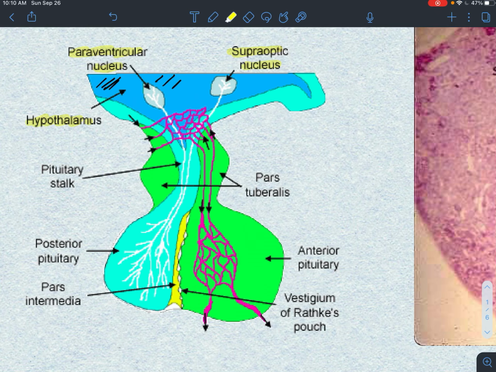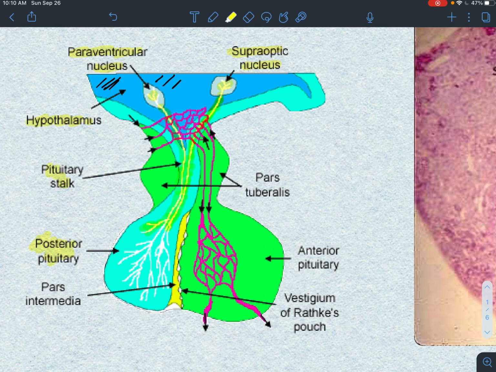And the reason why this is being pointed out to us is because we can see that the cell bodies are clustered in the nuclei, but the axons of those cell bodies through these white lines here drop down, and they go through this pituitary stalk, and they drop down into the posterior pituitary gland, right?